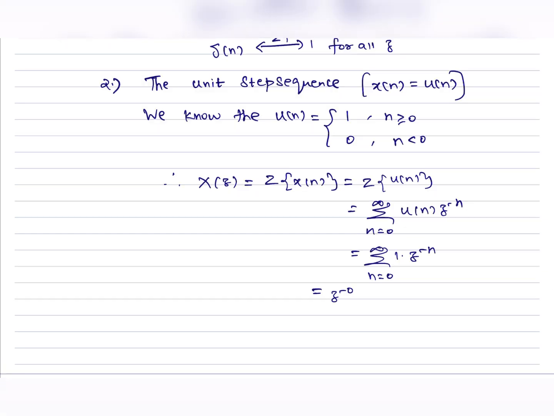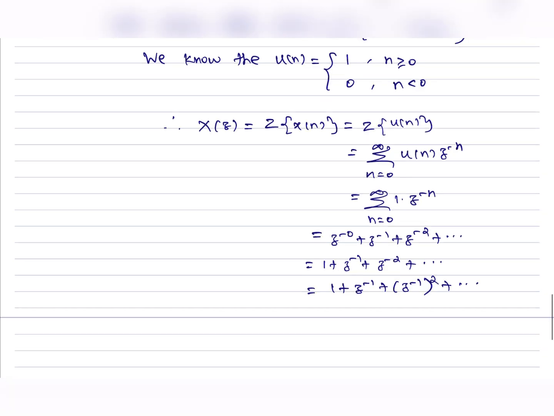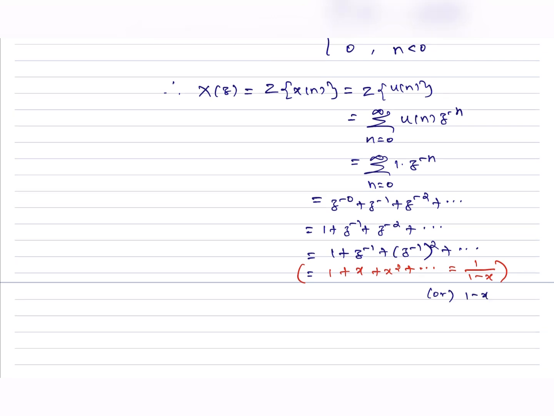Now we can just substitute the values of n to be 0, 1, 2, 3, etc. So it will be 1 plus z inverse plus z power minus 2 plus etc. And that is nothing but 1 plus z inverse plus z inverse whole square plus etc. Which looks like 1 plus x plus x square plus etc., and for which we have the rule 1 by 1 minus x, or 1 minus x whole power minus 1.